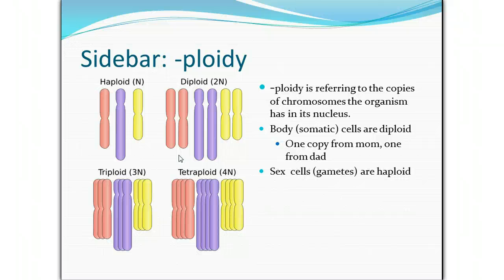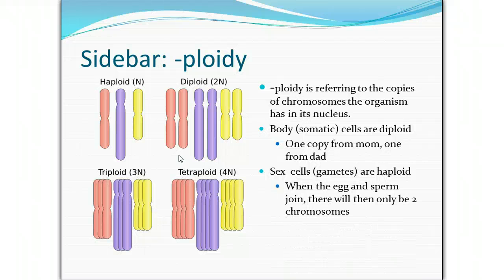Sex cells, we refer to them as gametes, are haploid. Nobody touch your sex cells, please. That's inappropriate. And the reason why your sex cells are haploid, so here you see the haploid cells, they have only one copy of each chromosome. The reason why the sex cells are haploid is so that when the egg and sperm join together, when they become fertilized, they become diploid.